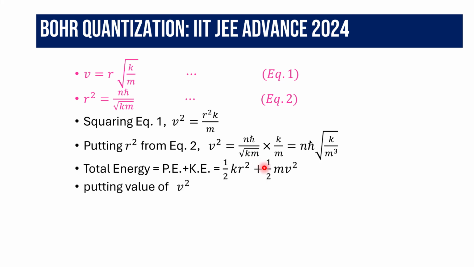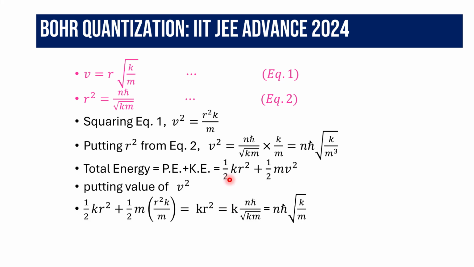So now we can plug the value of v square here, and then I can get the kinetic energy. So this is half k r square, and this is half m, and v square is simply r square k by m. So this m and this m cancel out. So we will have half k r square here, and here also we will have half k r square.